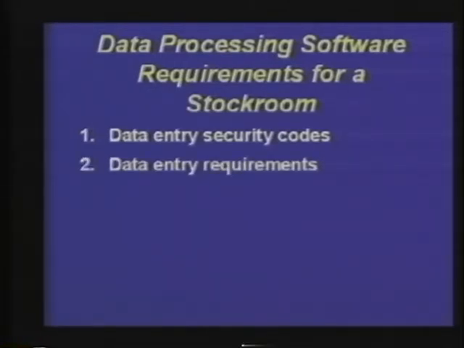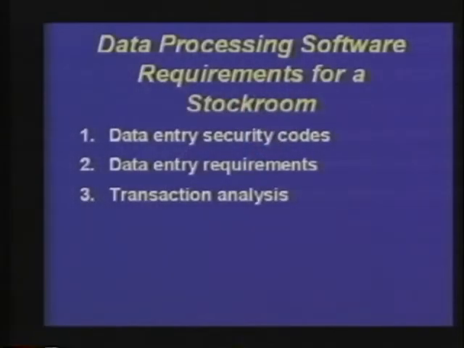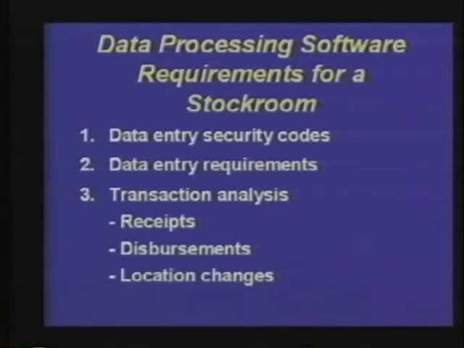And since there are 5 transactions in a storeroom, those would be defined, and they likewise would have a code number and can be an integral part of a window in your computerized application. The types of transaction analysis, we show the more common, which are the receipts, the disbursements, and the bin locations. And location changes would also embrace where we go through consolidation.